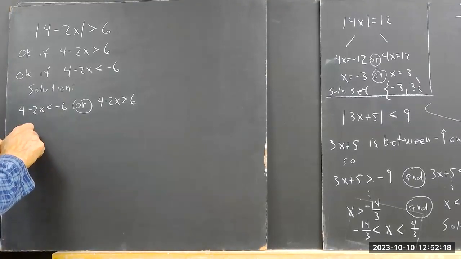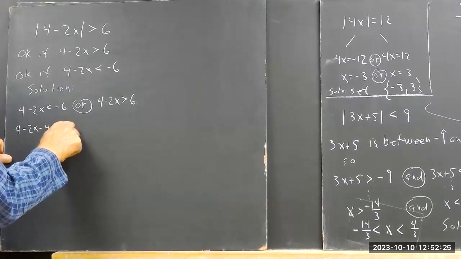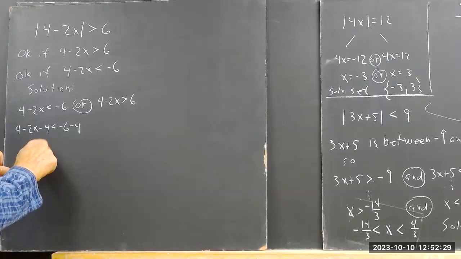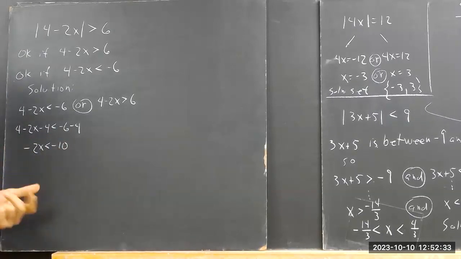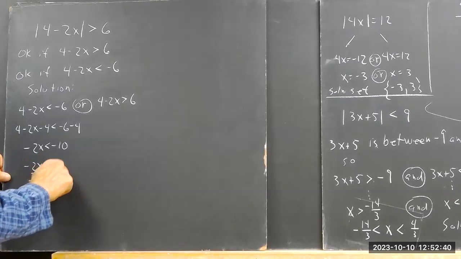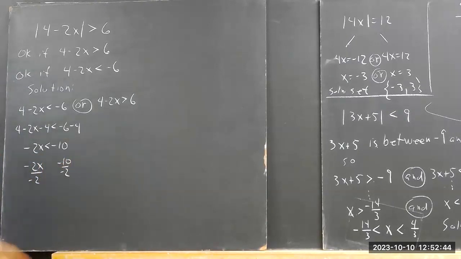You're going to get, I'll do it formally. Subtract 4 from both sides, you're going to get negative 2x less than negative 10. And then we're going to divide both sides by negative 2, and realize that when we divide by a negative, we have to reverse the inequality.